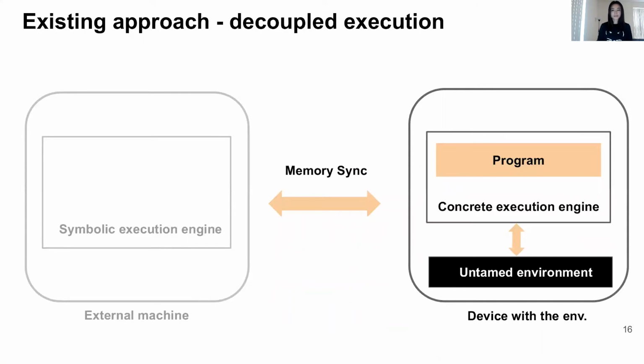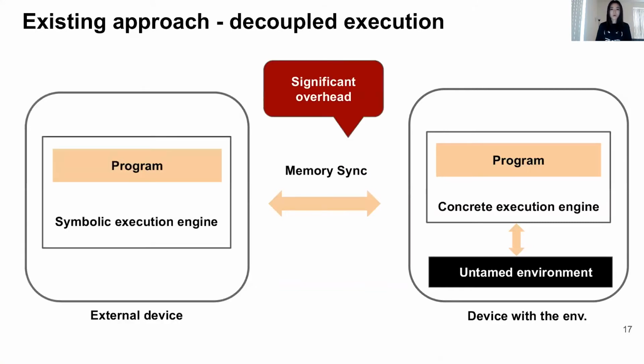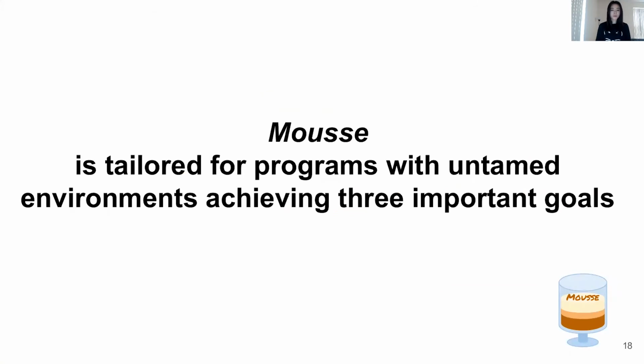Later, when the analysis is finished, the execution of the program can be transferred back to the device. One apparent drawback of this approach is it causes significant overhead because of memory synchronization. We tried both approaches to analyze an Android OS service, but failed.